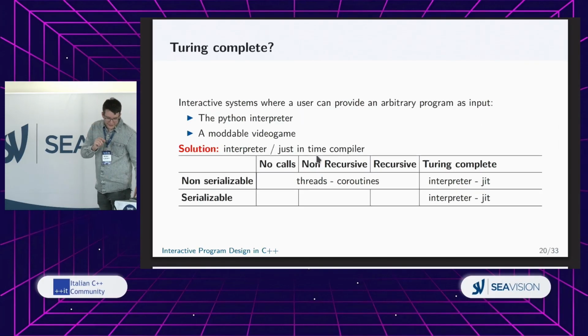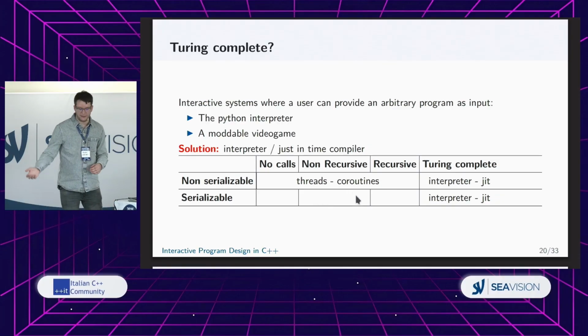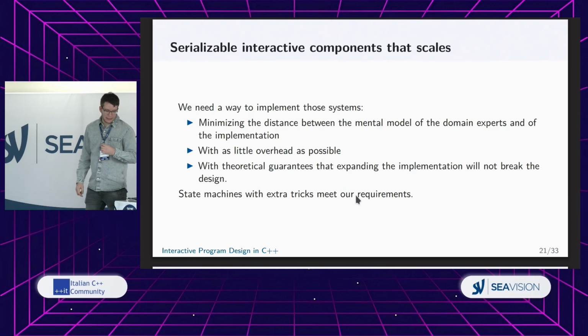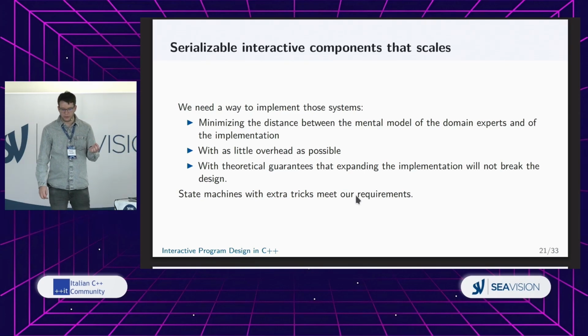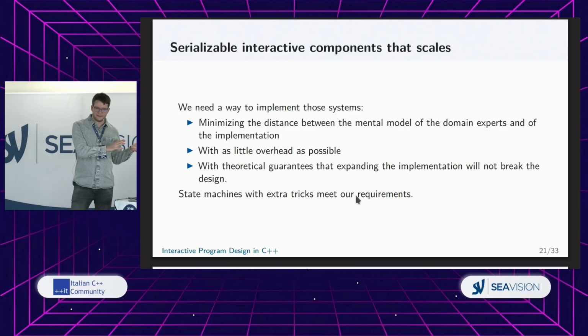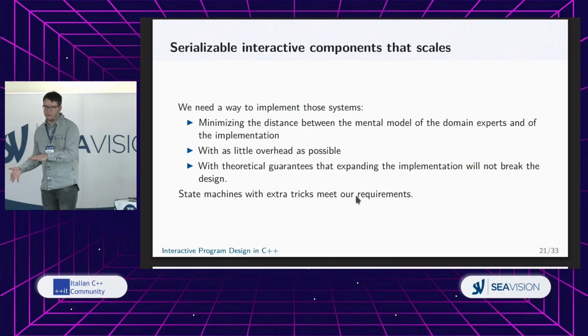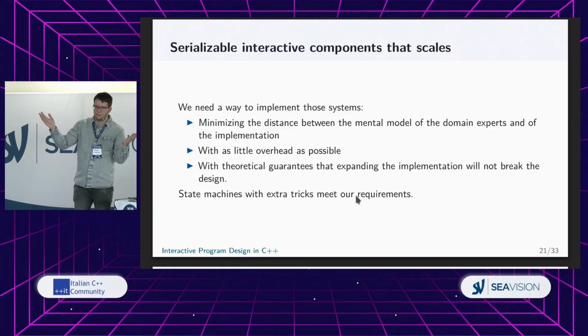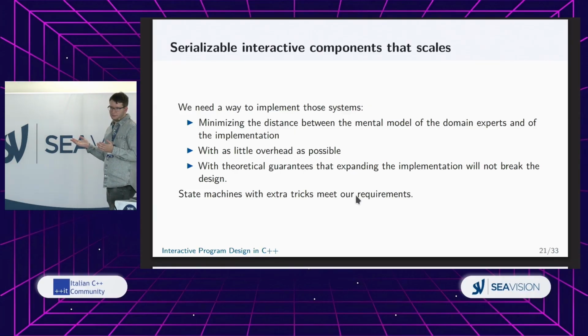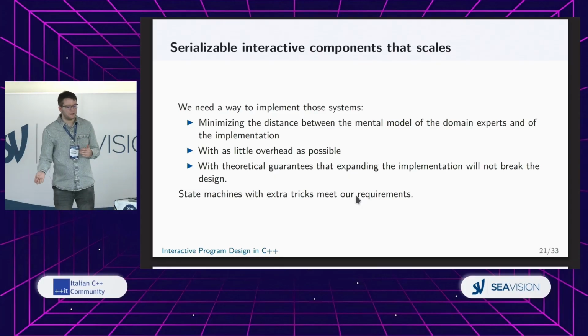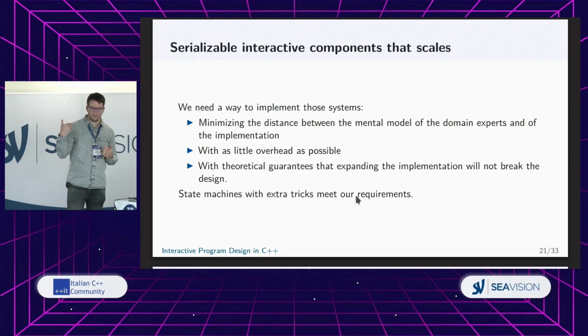Okay, for the last three blocks, which are the ones we are actually interested in, we have to figure out a solution that minimizes the mental distance between what the domain experts are thinking about and what the implementation does. Because if that is different, you end up having trouble maintaining it. If you care about it, you want to have as little overhead as possible.